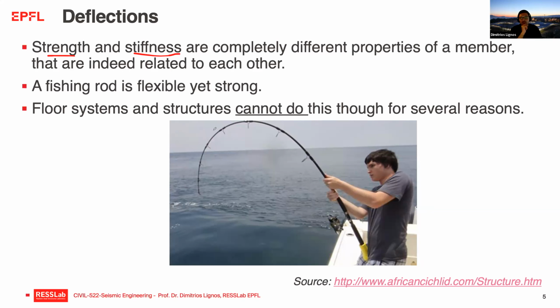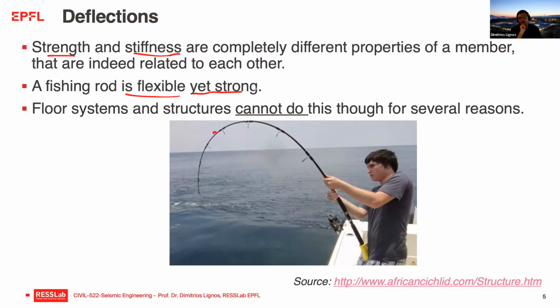So in the example here that I'm showing you, just to emphasize the importance of deflections, you see a fishing rod in this case, which is extremely flexible because it's been designed to be so flexible to accommodate these deflections once the fish bites the food that you put to catch it.